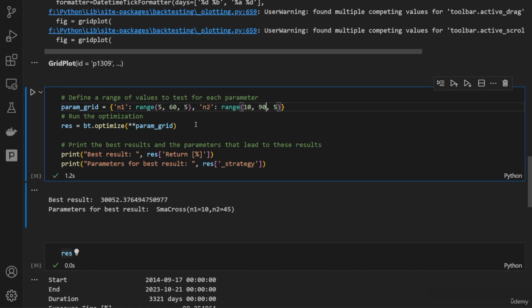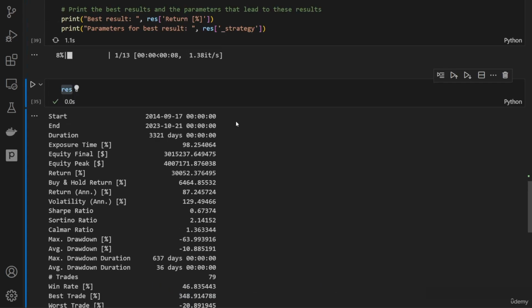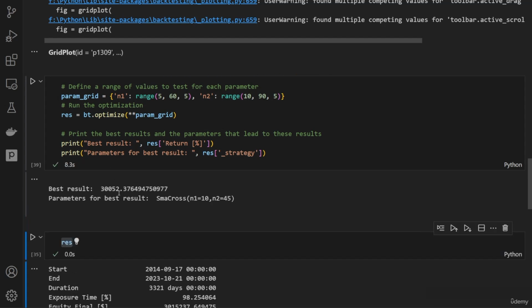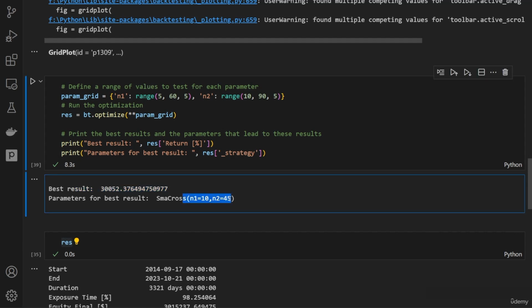Of course, the more values we're adding, the more time it's going to take to find the optimal values. Notice that now it's taking more computing time, but that's okay. It's still relatively fast. And we're still stuck at the same results, so 30,000%, and N1 is equal to 10 and N2 is equal to 45.